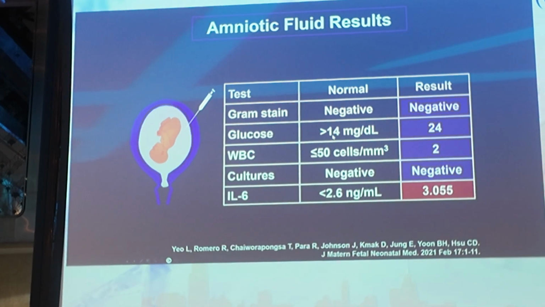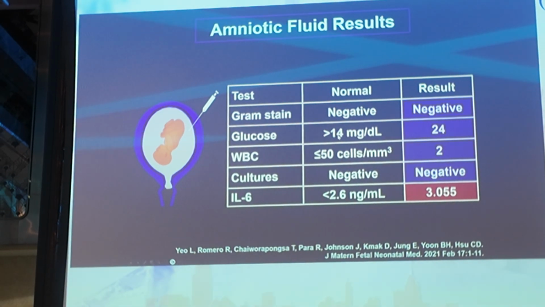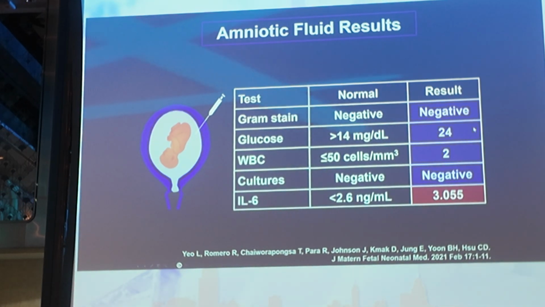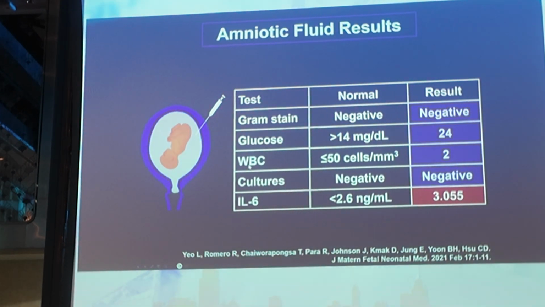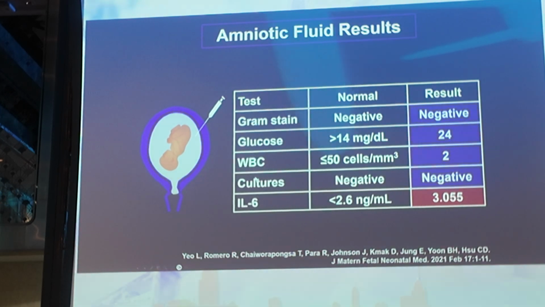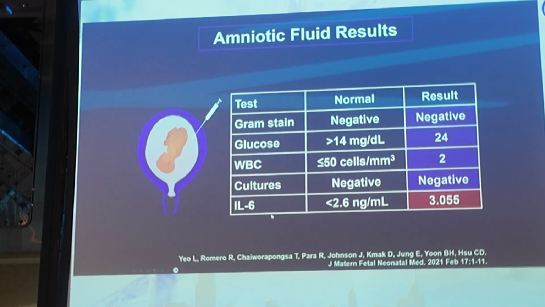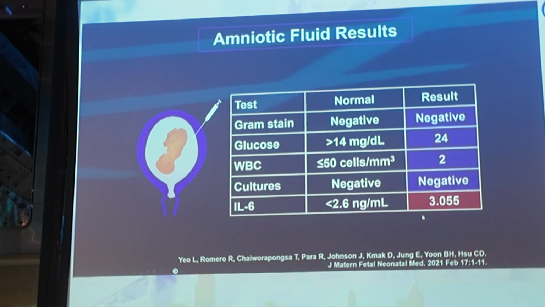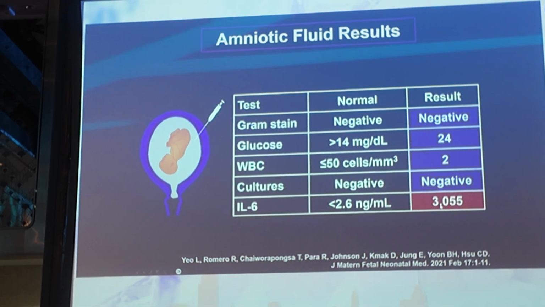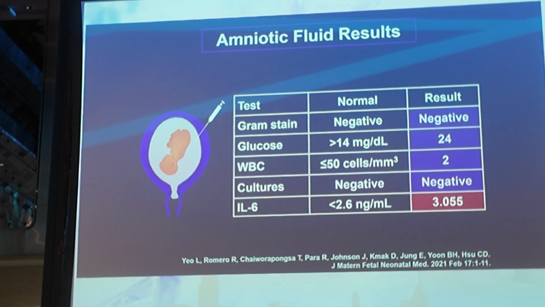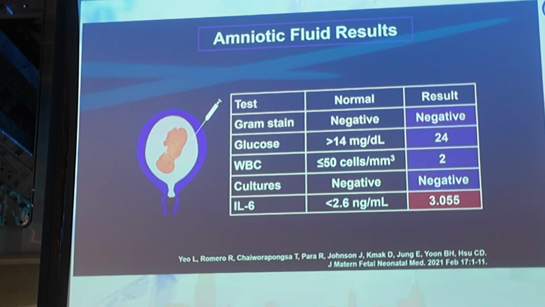The glucose should be above 14; below 14 indicates inflammation. Normal glucose. The white blood cell count, 2. The cultures, negative, so this patient was sent home. But the IL-6 was elevated, so this patient has sterile intraamniotic inflammation, doesn't have infection, has an inflammatory process.